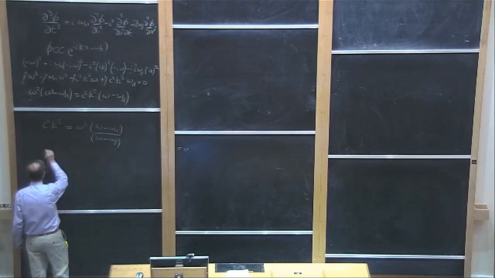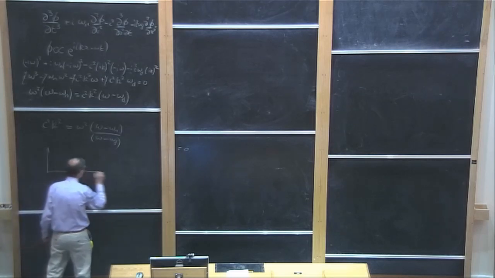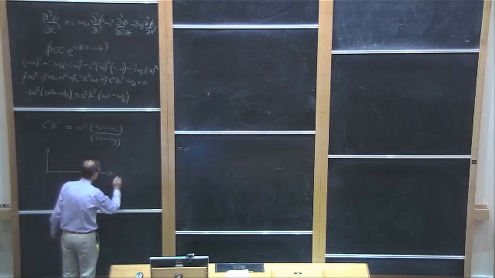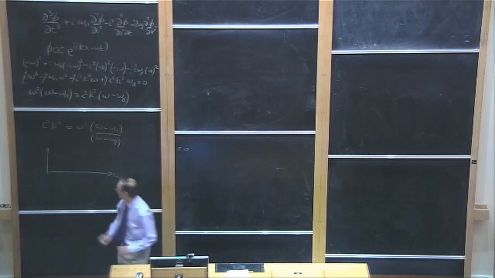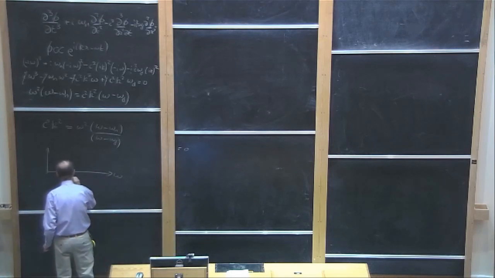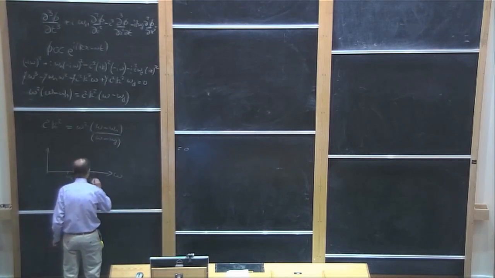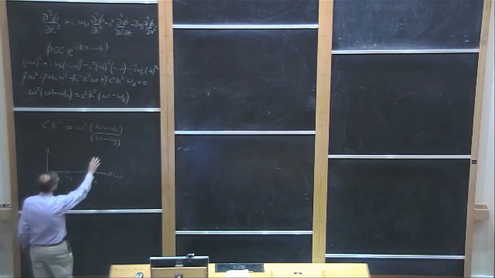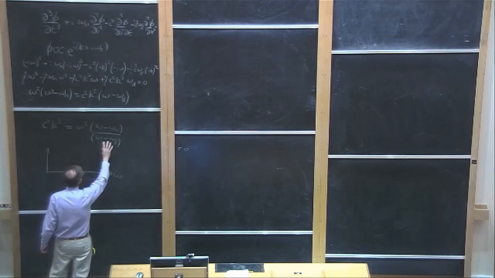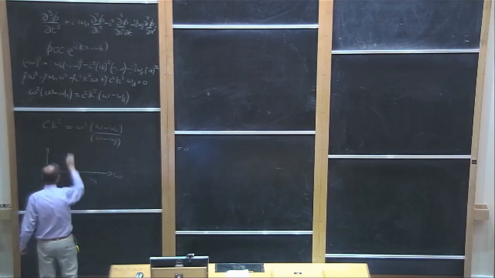So let's just try to sketch the right-hand side of that as a function of omega, and they've told us which is bigger. Omega, so we have omega_d here and omega_n here. The first thing that happens is that this becomes 0 while this is still positive, and so this is an asymptote.